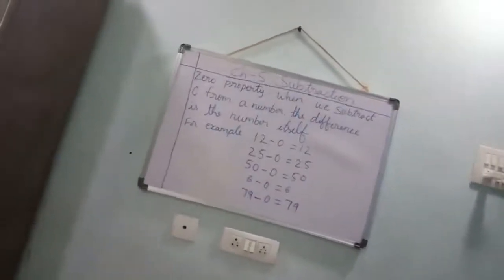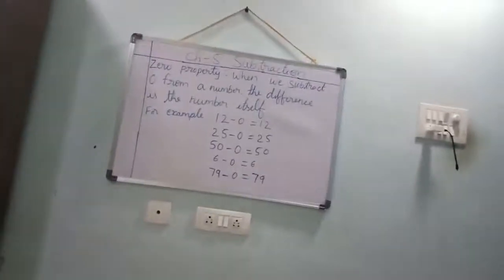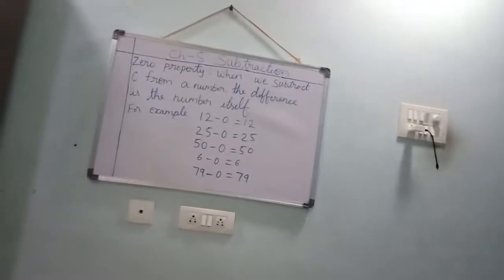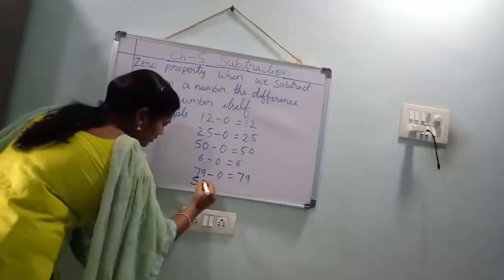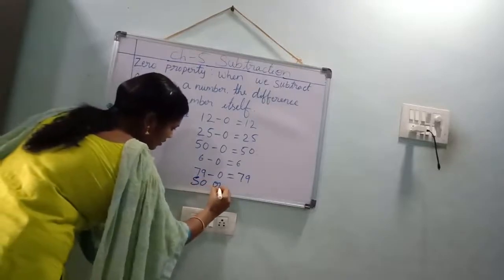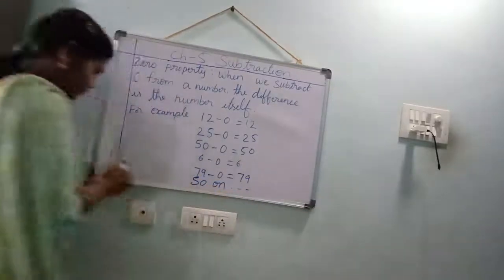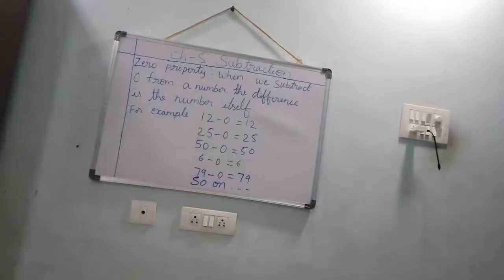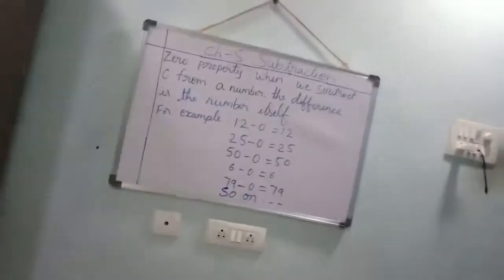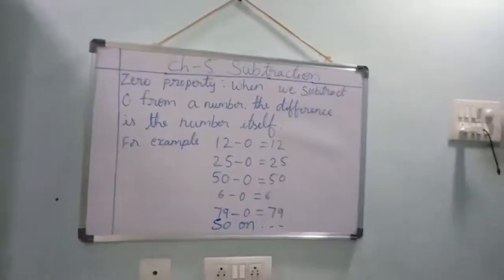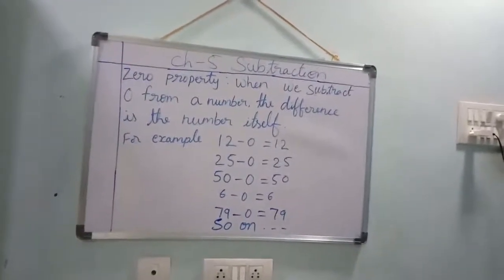If you minus 0, what will happen? That number will come. So many numbers you can try, if you subtract 0, that number itself will come. Understood, children? Copy in the classwork.